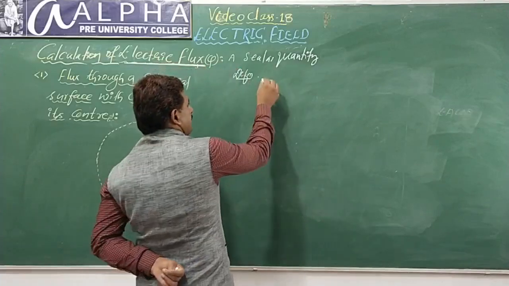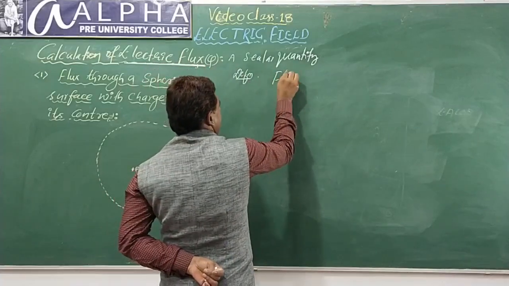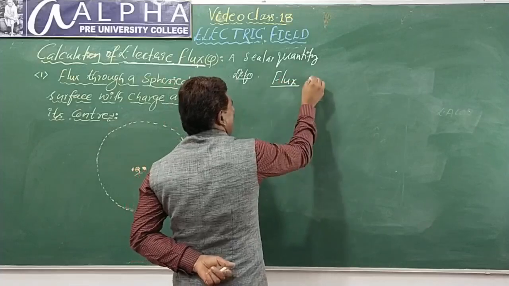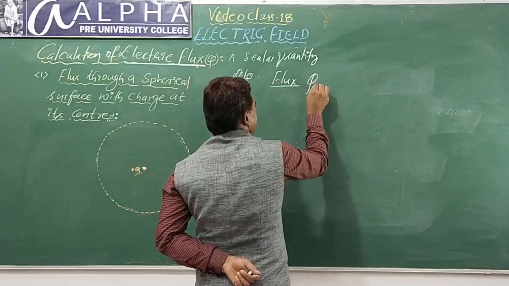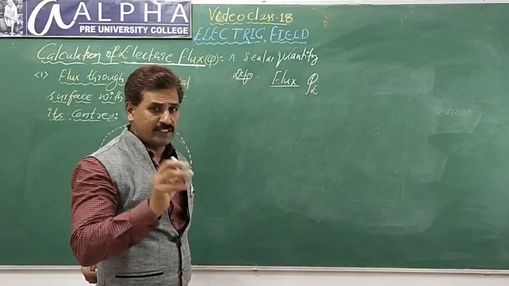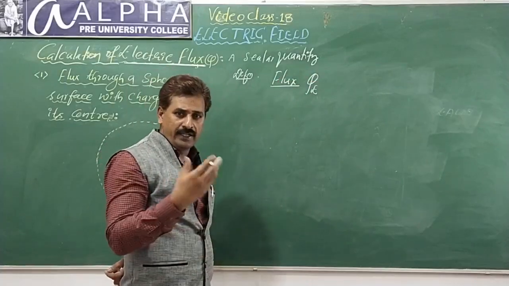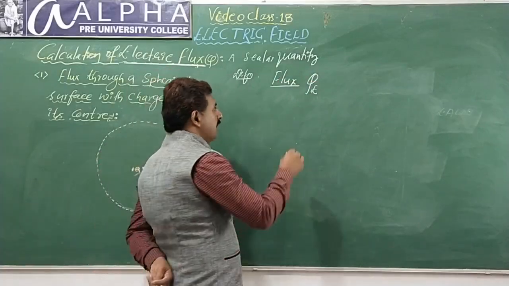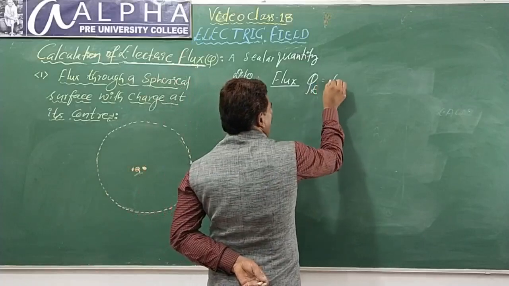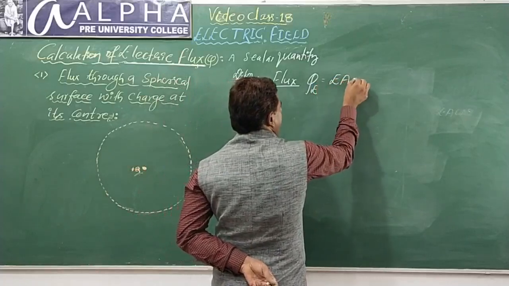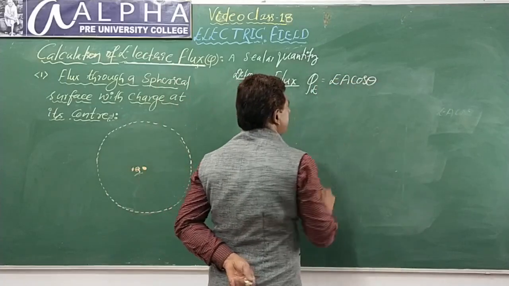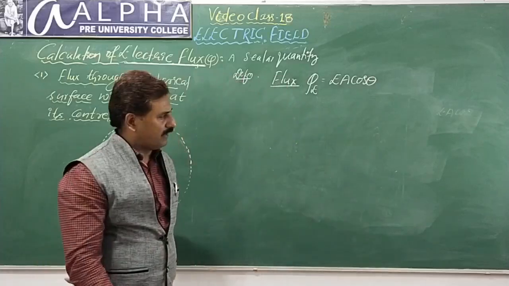Flux, generally electric flux phi E. The word flux is used with different physical quantities like water flux, electric flux, magnetic flux. It is given by the definition: value of electric field into area into cosine of the angle between the area and electric field.